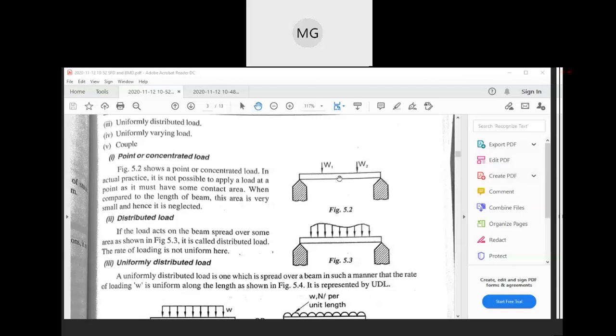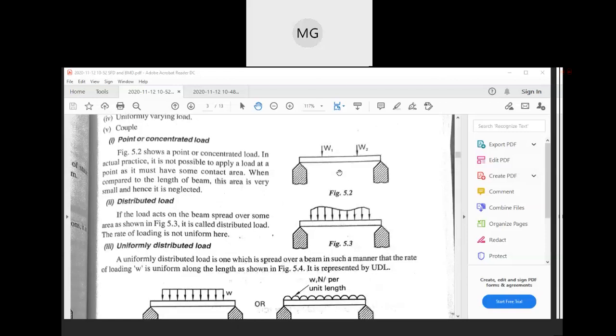Suppose I consider the middle of the beam. Whatever number of loads are acting on the right side, the total algebraic sum of those forces is the shear force. Again, any number of loads acting towards the left of the section, the complete algebraic sum of all those loads is the shear force.